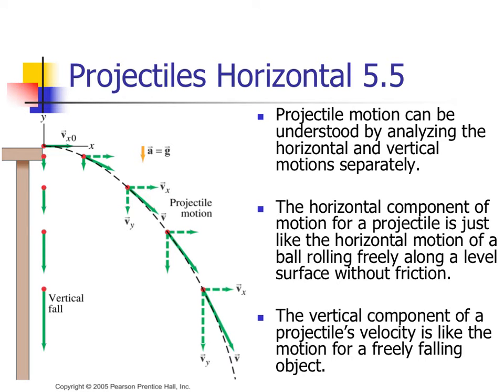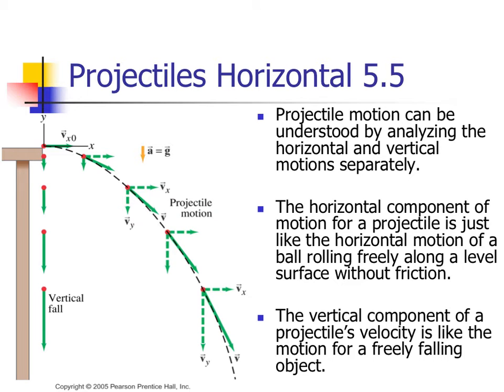If we know what the initial velocity is when the object leaves the table, we know the horizontal speed throughout the whole path.